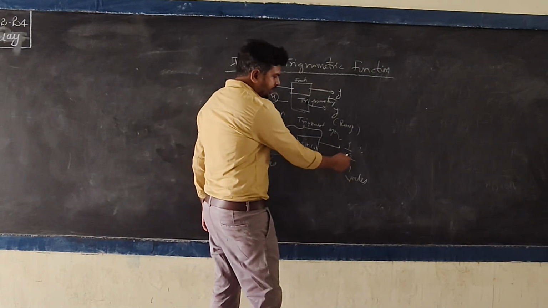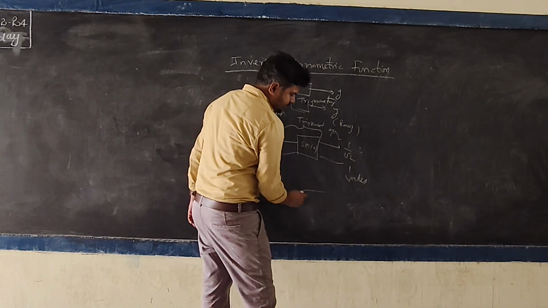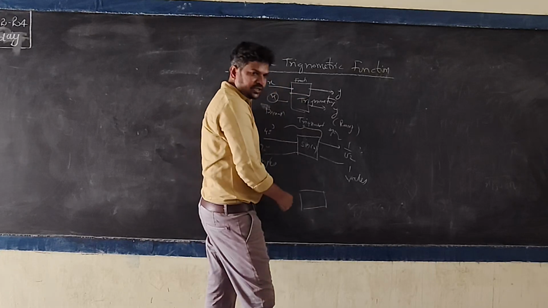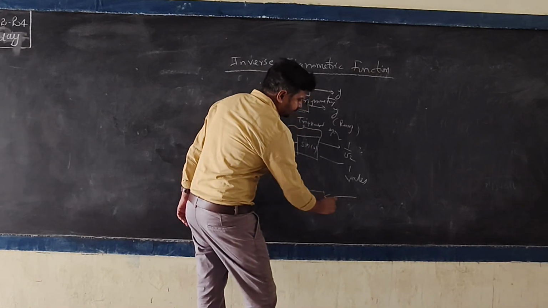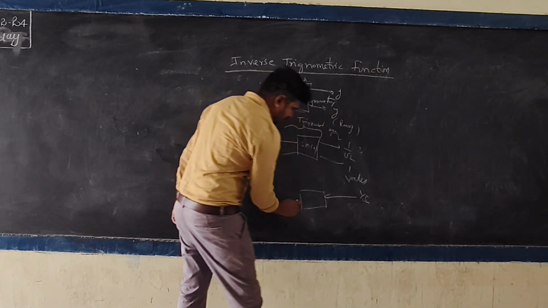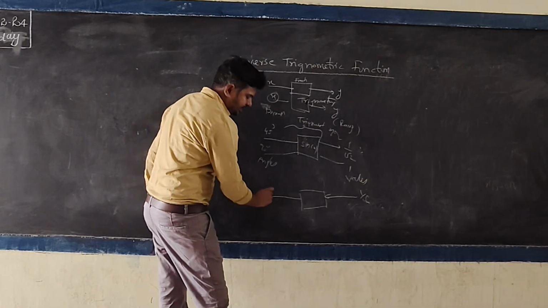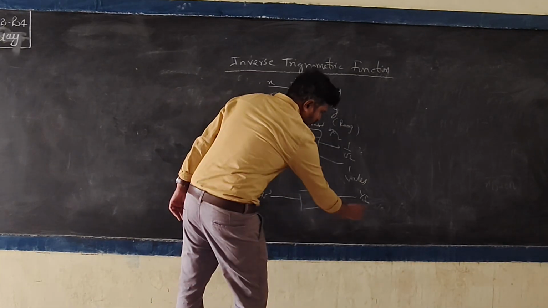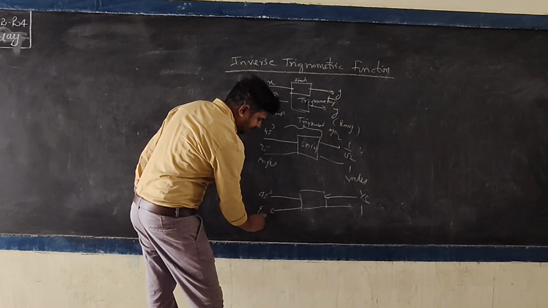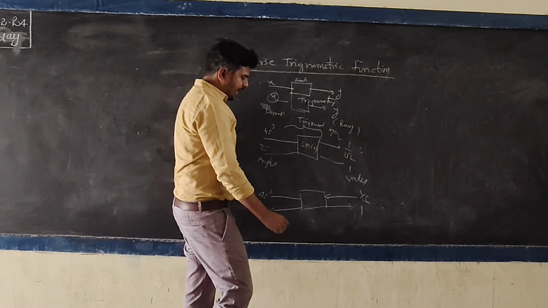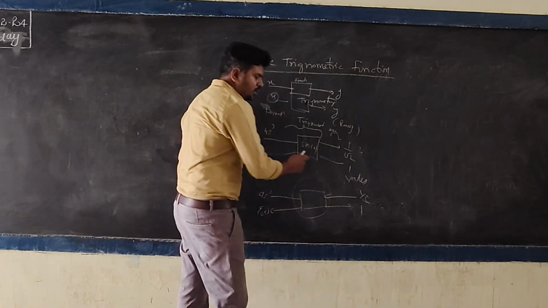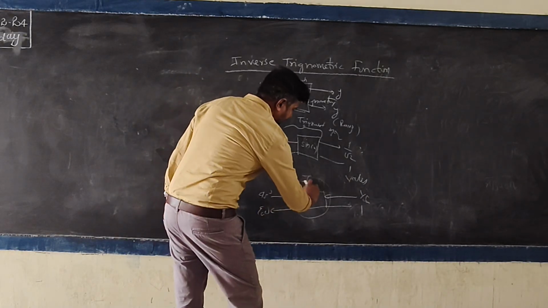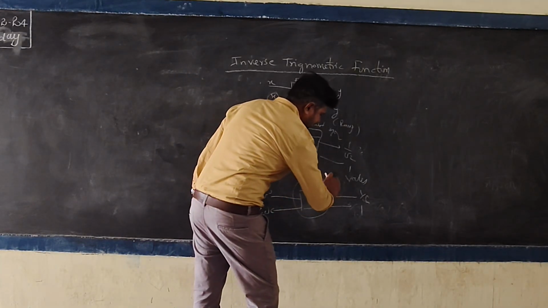Now, if you want to give back these values, like a reverse operation, giving 1 by root 2, you have to get 45 degrees. Giving back 1, you have to get 90 degrees. But actually, this is the problem. This is called the inverse trigonometric function.